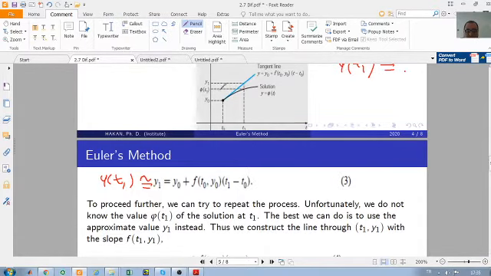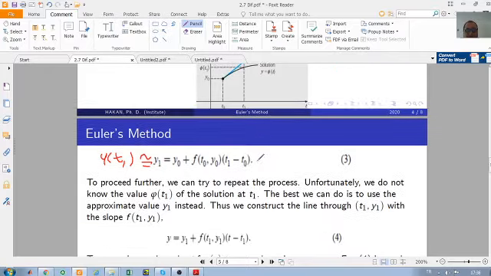The actual value will be corresponding to this one, but we can find an approximate value for this solution by finding the value of the tangent line at this point.